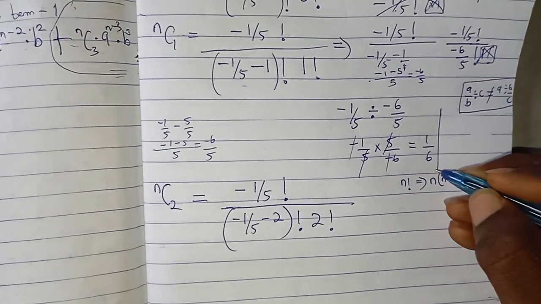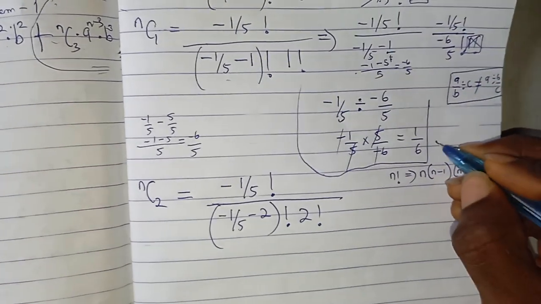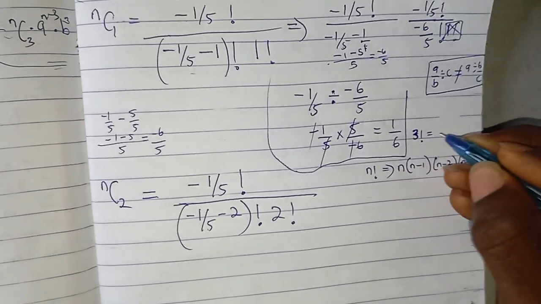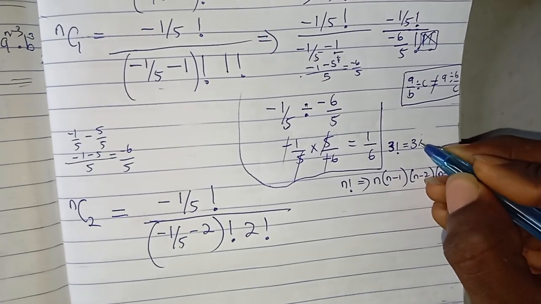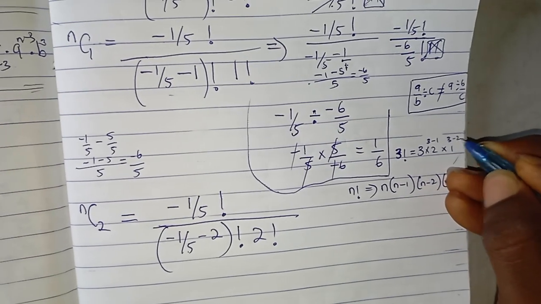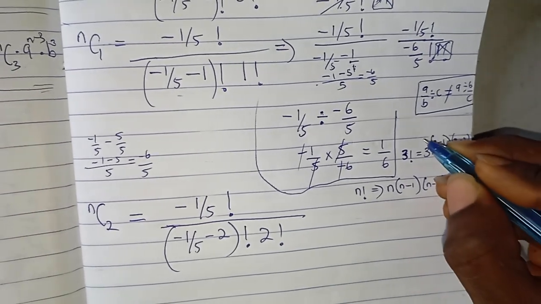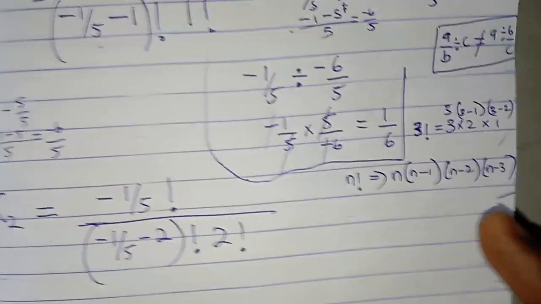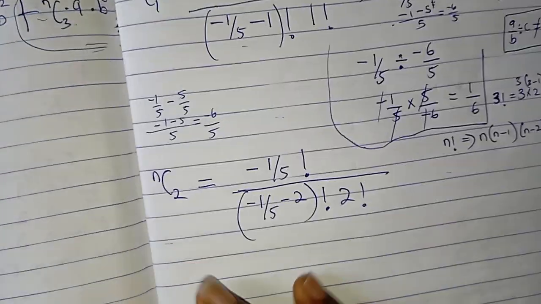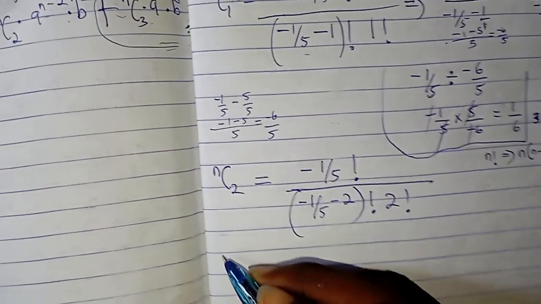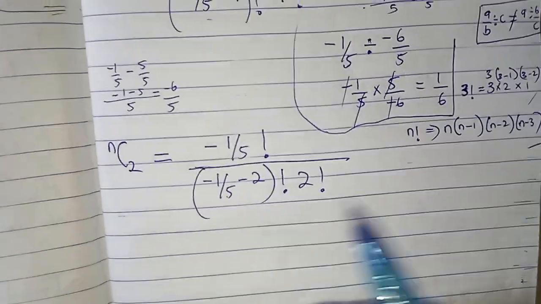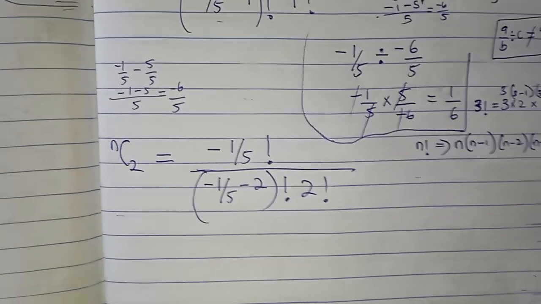If I have 3 factorial, for example, this is the same thing as 3 times 2 times 1, which is 3, 3 minus 1, 3 minus 2. The same principle is what we are using here. So for that reason, we just have to have this stored knowledge. When you learn, you have that stored knowledge that helps your reasoning, which is why they say experience is the best teacher.